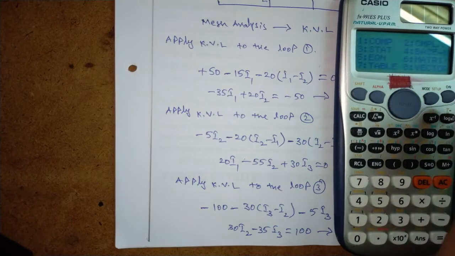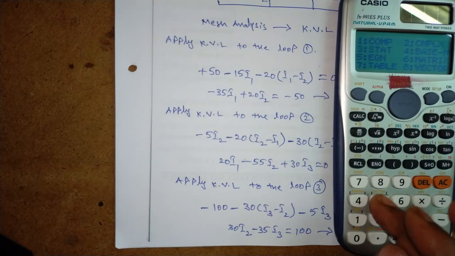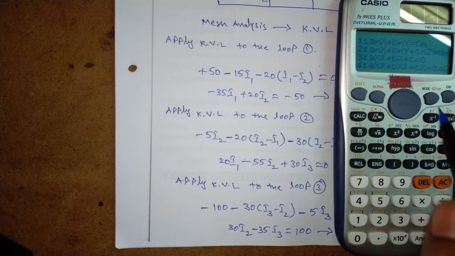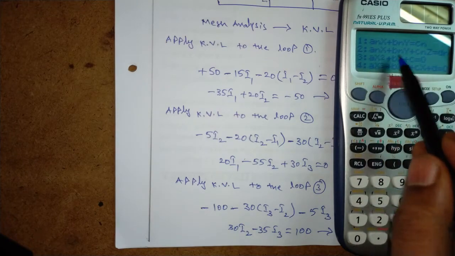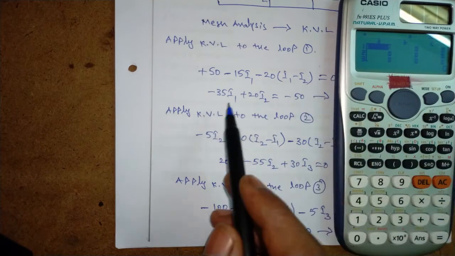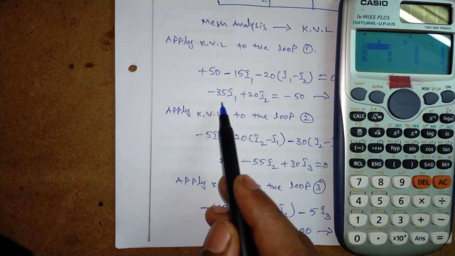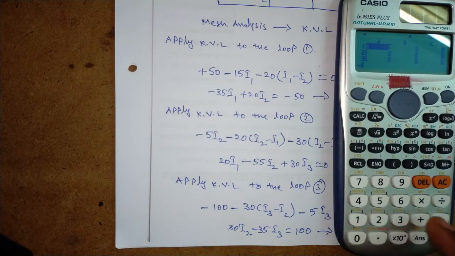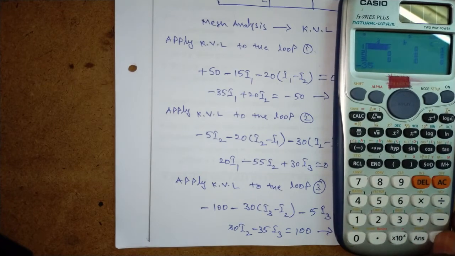Switch on, press mode, equation 5. Here we have three equations and three variables. We have to select option 2. Then enter the first equation. First the I1 coefficient, minus 35, equal to, next 20.